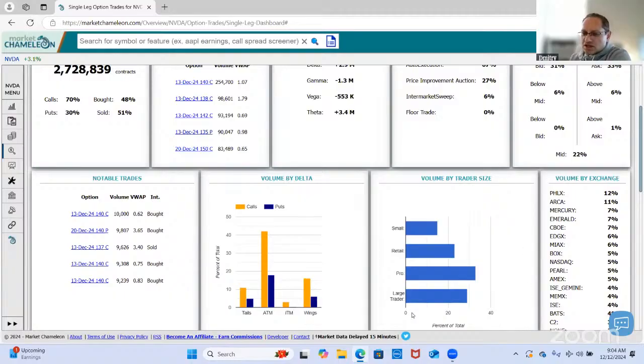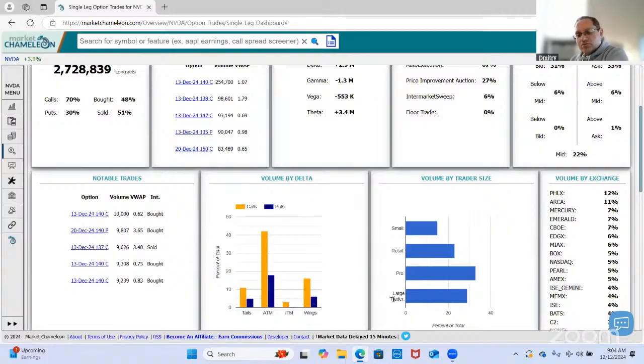So this gives us an idea what type of traders are participating and what portion of the volume can be attributed to that type of trader. So we could see here that yesterday's trades look like there's participation from all types of traders: small traders, retail traders that are not so small but still fall in that retail category, proficient, and then large traders.